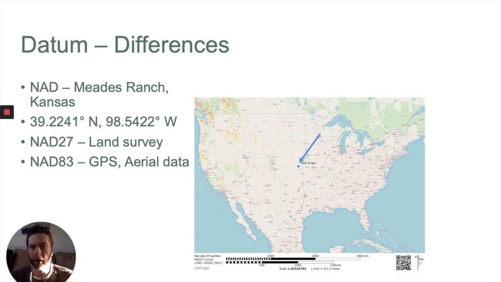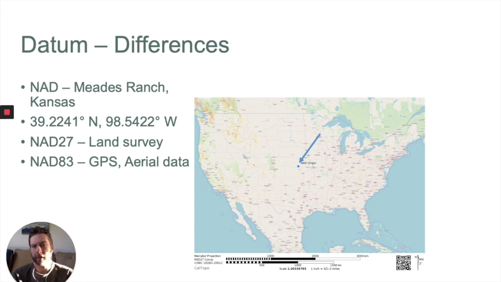For the 1927 datum, that was done all by ground land survey. So you literally had people going out on foot and surveying the land using various triangulation and trigonometry techniques to figure out where they were relative to Meades Ranch, Kansas. Obviously 1927 was before the invention of things like GPS and other aerial data gathering means.